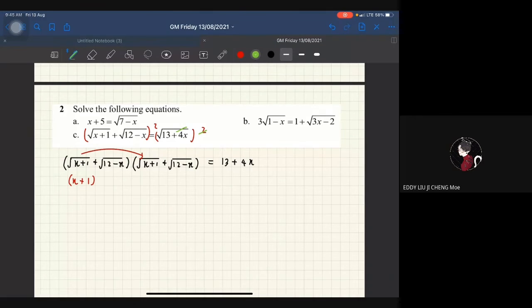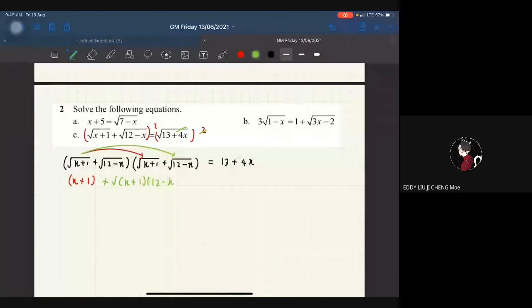And then for the second one, this one, so awak akan dapat plus x plus 1 multiply with 12 minus x. So there's a big surd kat luar dia. Macam tu. Okay.